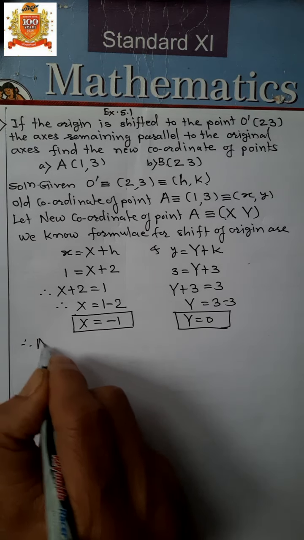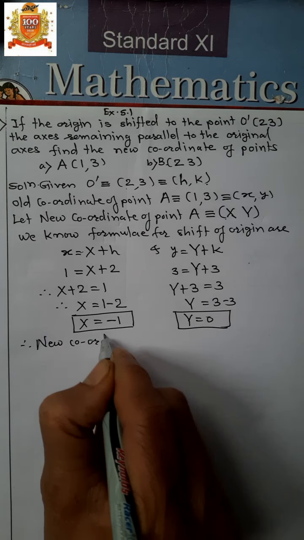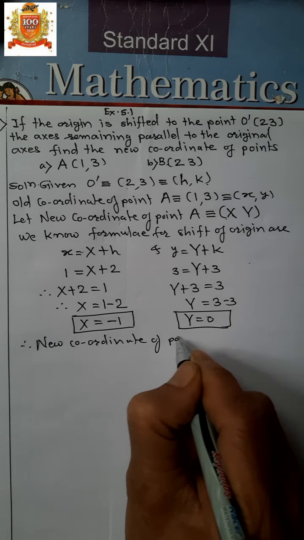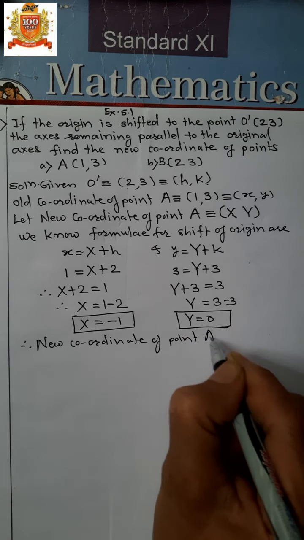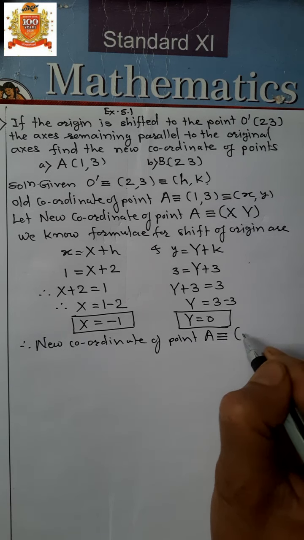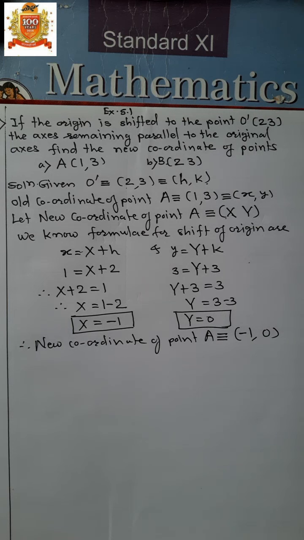Therefore, the new coordinate of point A will be (minus 1, 0). Very easy sum, isn't it?